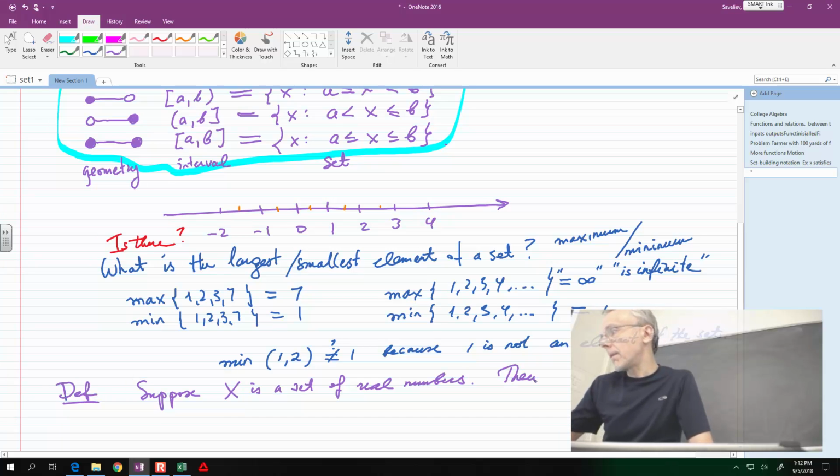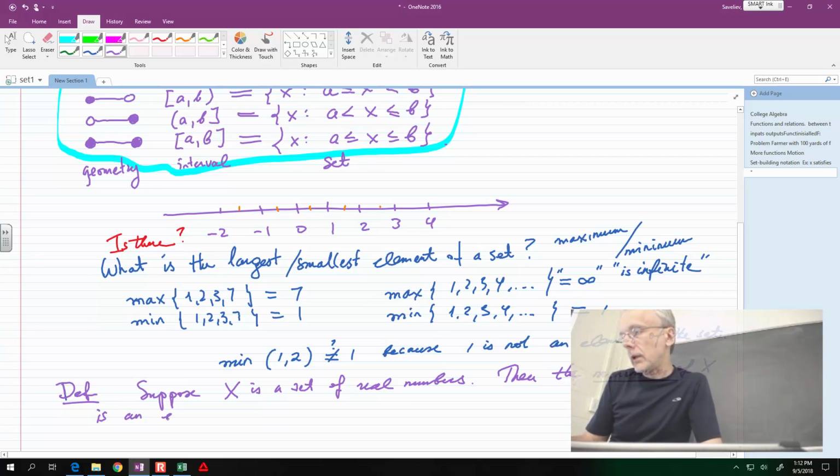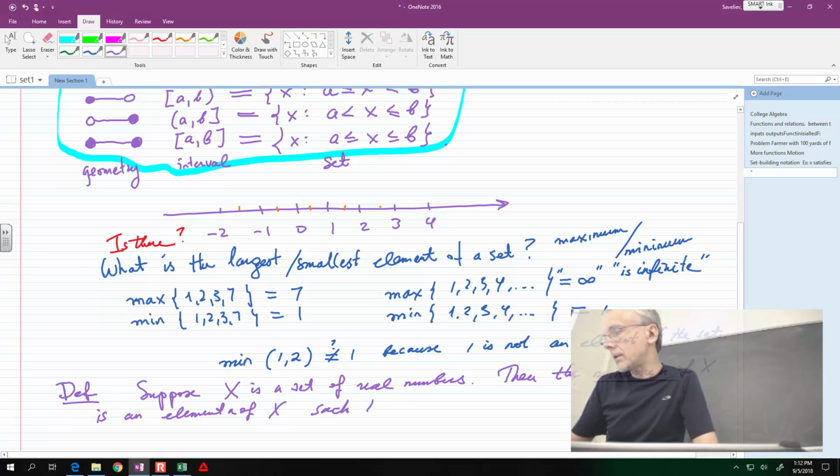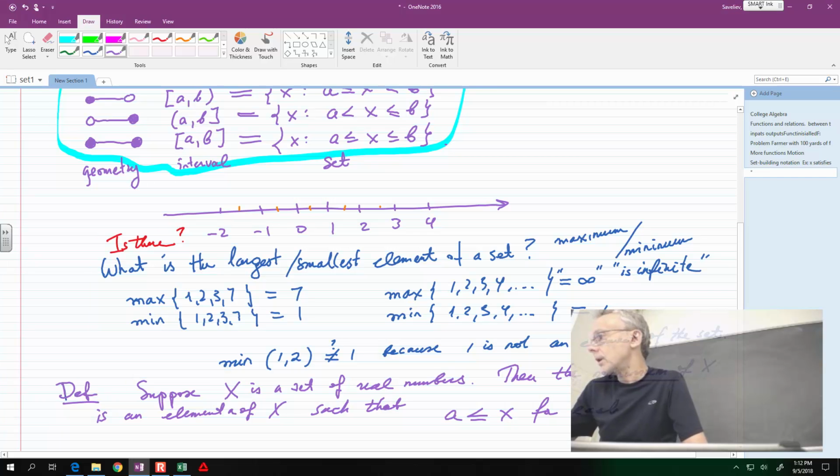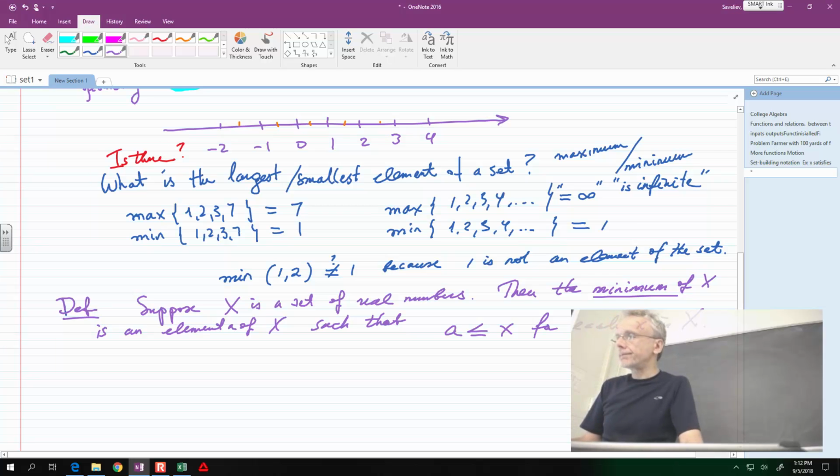Then the minimum of X is an element, say A, of X, such that A is less than or equal to x for each x in X. So that's the definition.